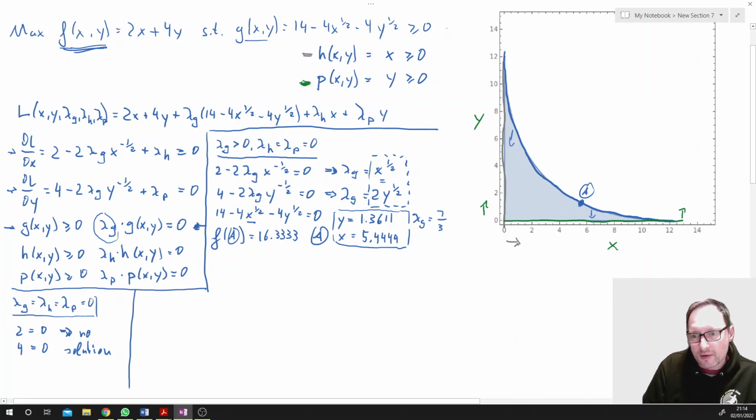So are we finished? Do we know that this is the solution? Well, remember, the Lagrangian conditions are necessary conditions, not necessarily sufficient conditions. They would be sufficient conditions if the constraints were concave and the function was concave. Now the function is a linear function, so the function is actually concave.